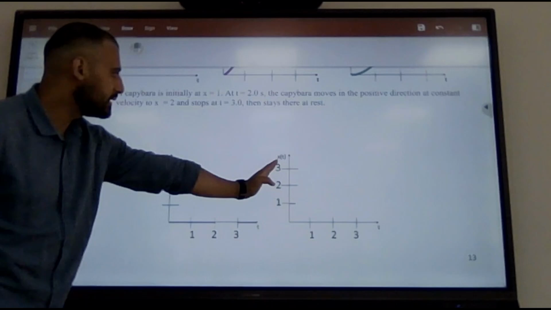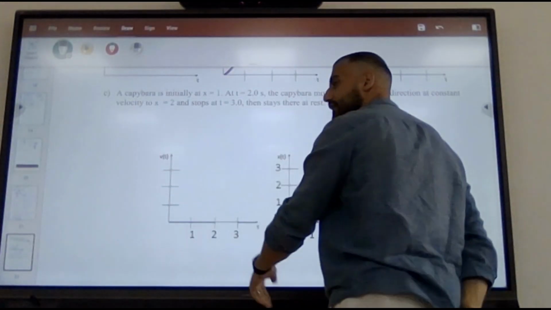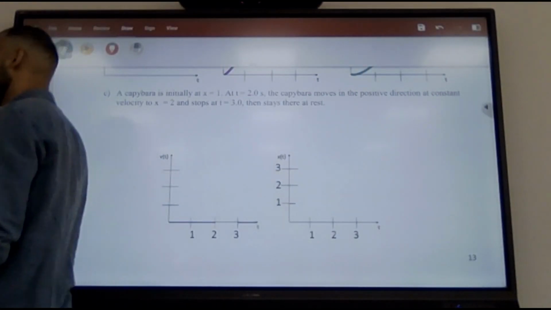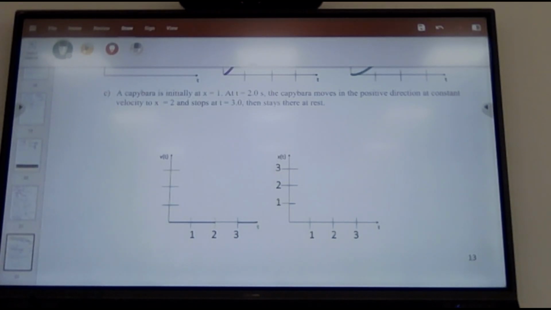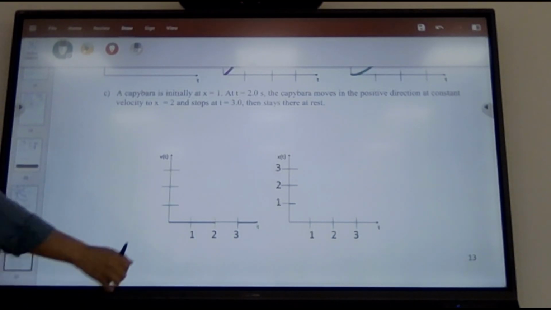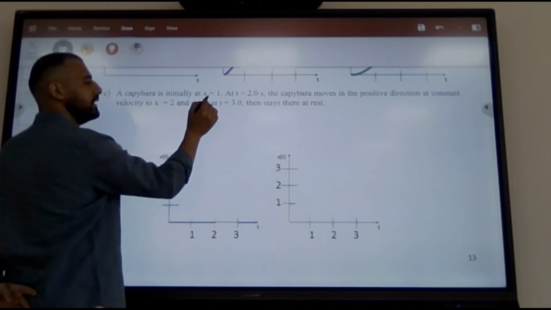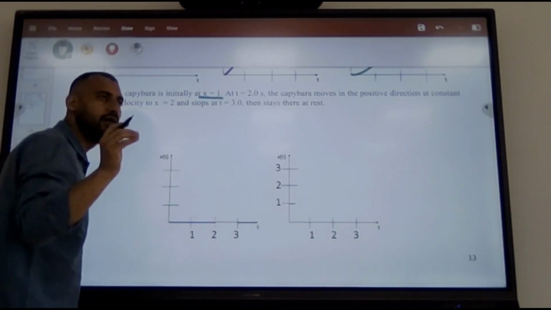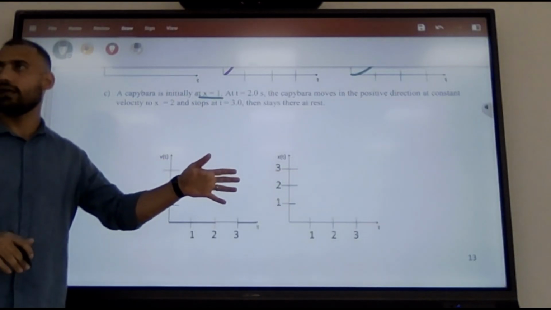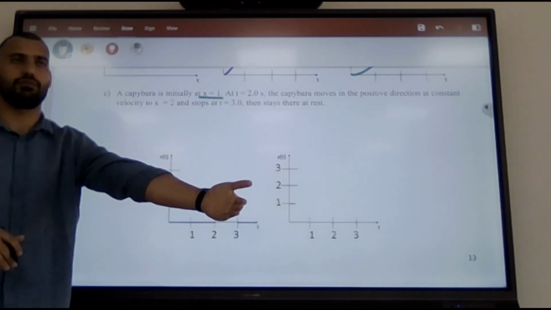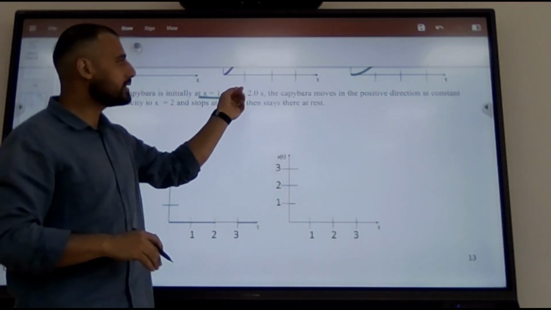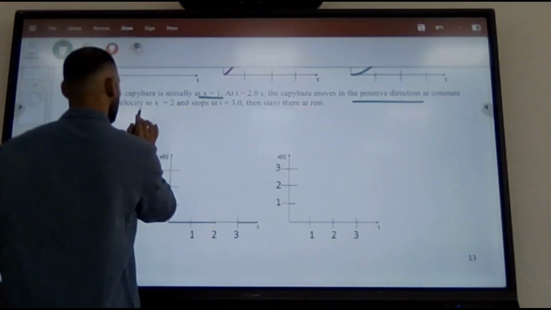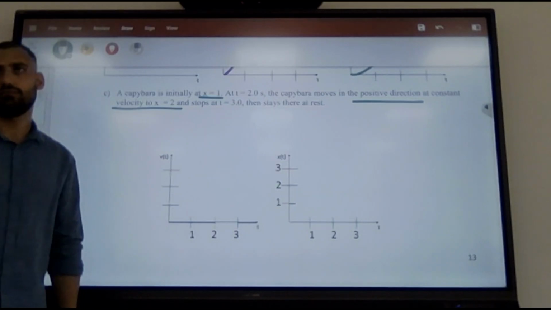See two graphs: distance-time and velocity-time. The capybara is initially at x equal to 1. Initially, the distance is x equal to 1, with respect to some origin; he is already at some position. At 2 seconds, it starts to move in the positive direction at a constant velocity up to x equal to 2.